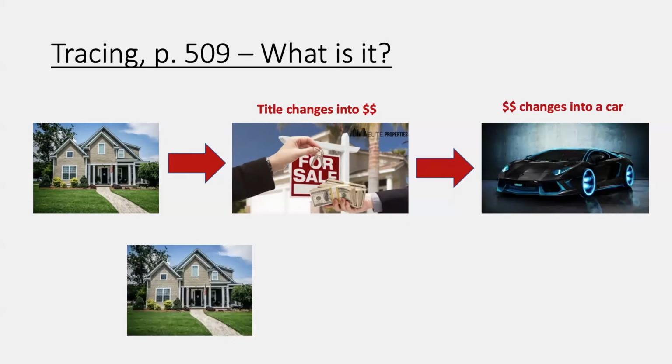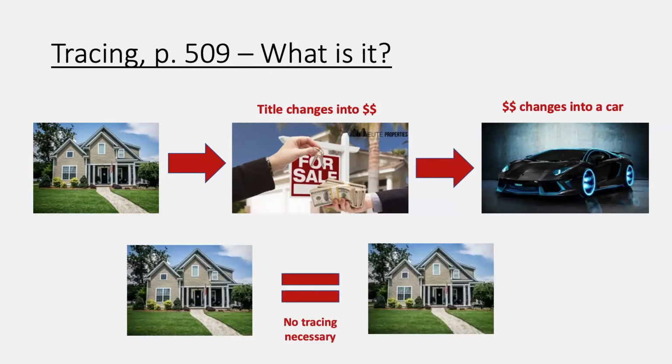But let's say the house never changed form and just stayed a house. Well, there's no tracing necessary, right? The identifiable product is in its original form, which is the house. We don't have an issue. It's only if that property that was taken unjustly has changed form where this third element's going to come into play.